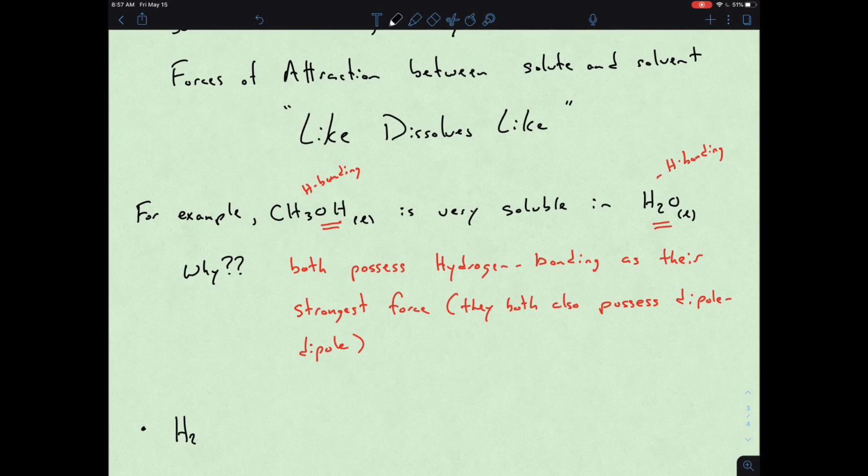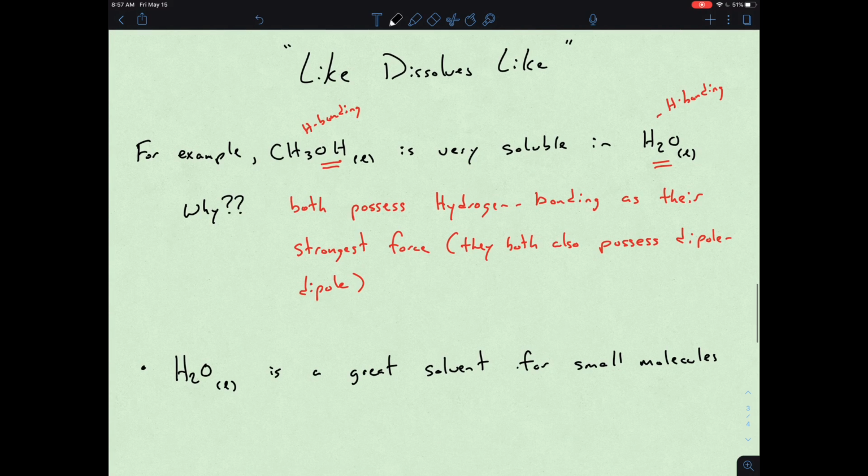So H2O is a great solvent for basically small molecules with hydrogen bonding forces or groups within the molecule.